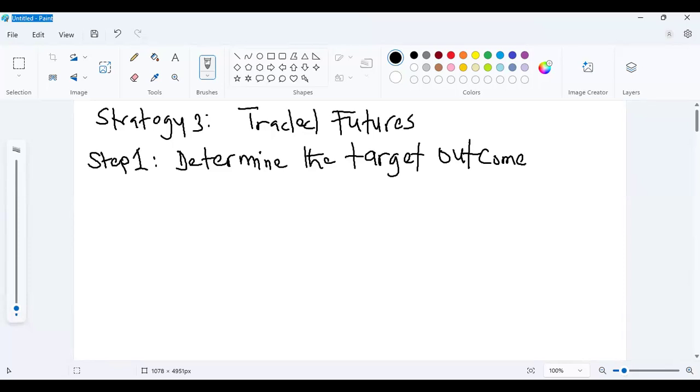Assuming our company received this money today, what will be the dollar amount? What is the dollar equivalent if we receive the money today? That is what we are targeting to achieve. Look at this. The target outcome.